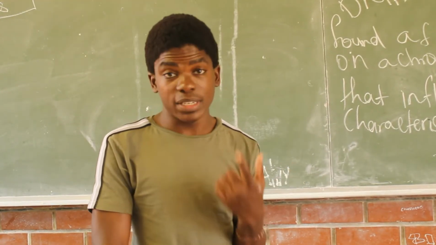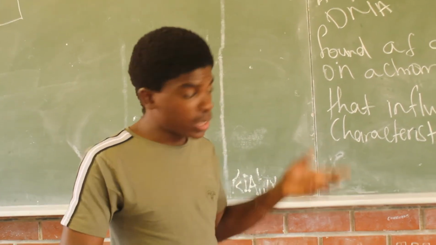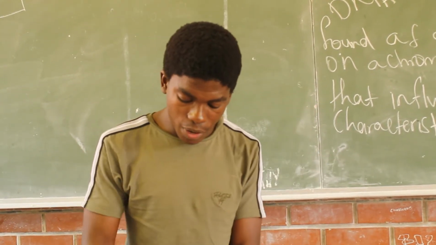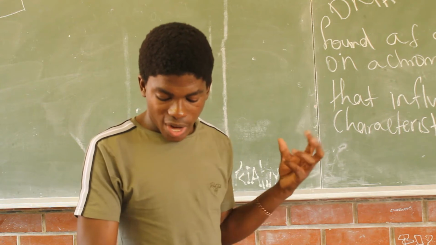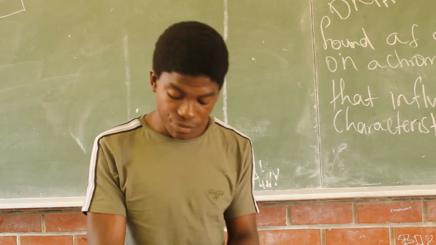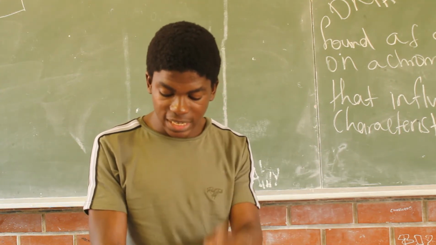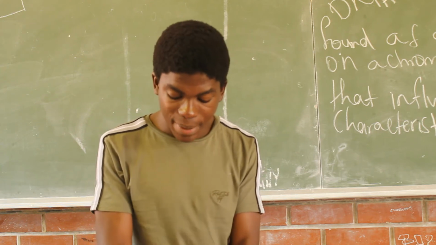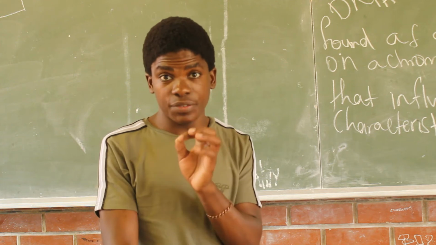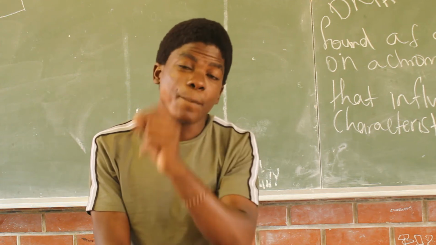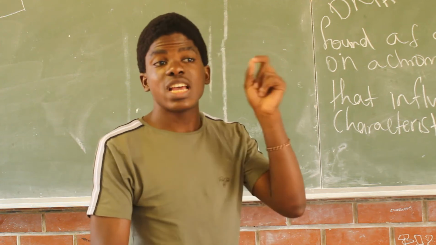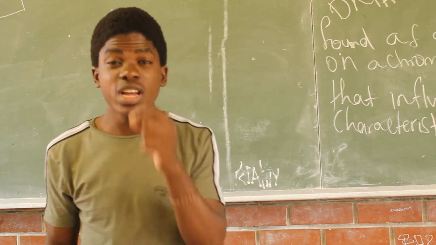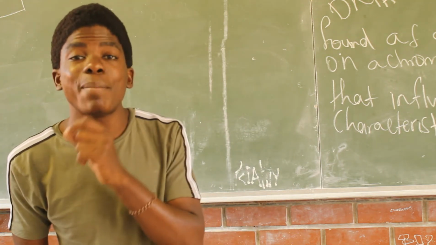Each gene has a particular position called its locus on a particular chromosome. For example, in humans, the gene for eye color is at a particular position on chromosome number 8 in all individuals. So that is the position of the gene for eye color. It's found on chromosome number 8.